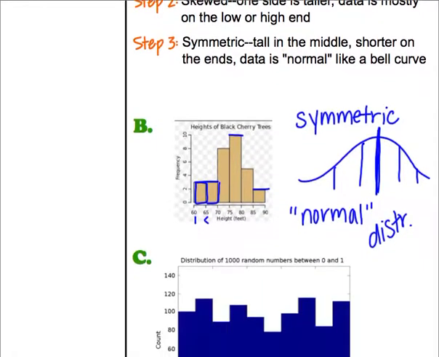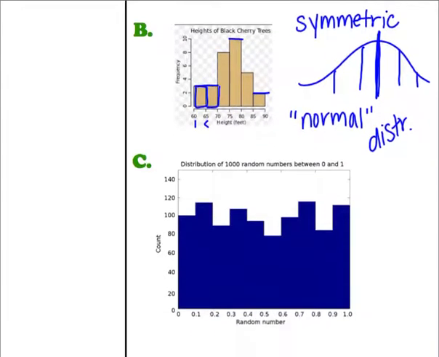Now this third one is talking about the distribution of 1,000 random numbers between 0 and 1 being selected. This is what we call uniform. As you know from using the random number generator, when you click it to generate random numbers, you should expect to see numbers spread out all over the board, which is why this one is uniform.